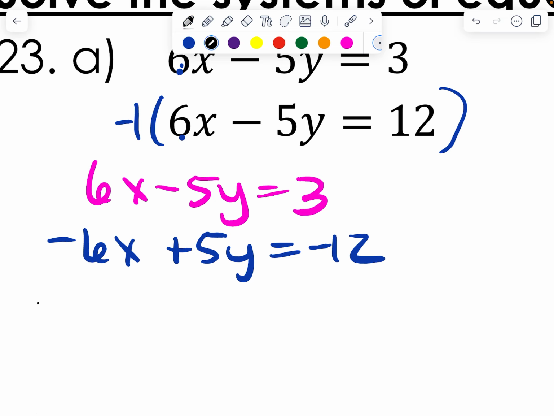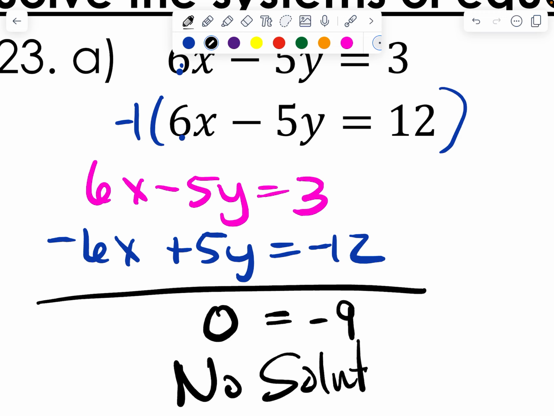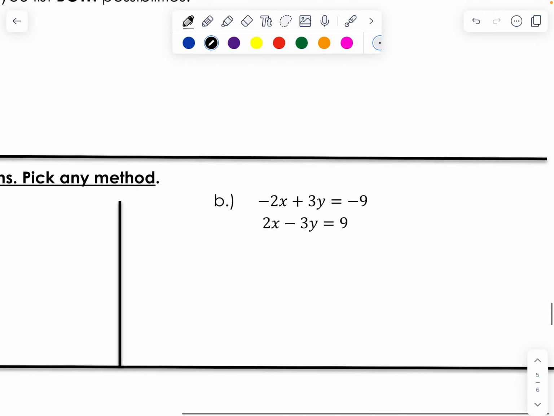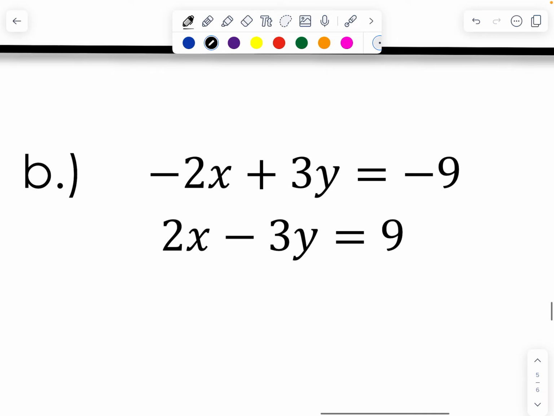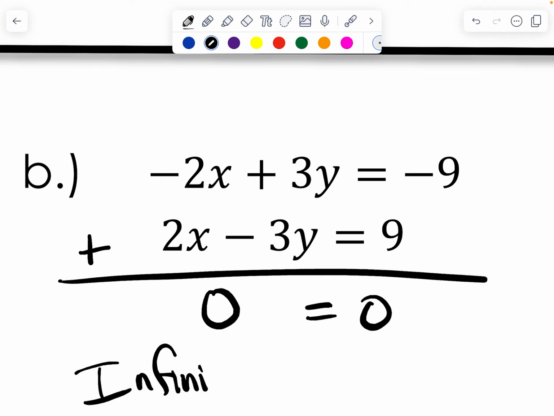When I do that, I get 0 equals negative 9. So this is no solution. This one, they're already opposites of each other. 0 equals 0. So this is infinite solutions.